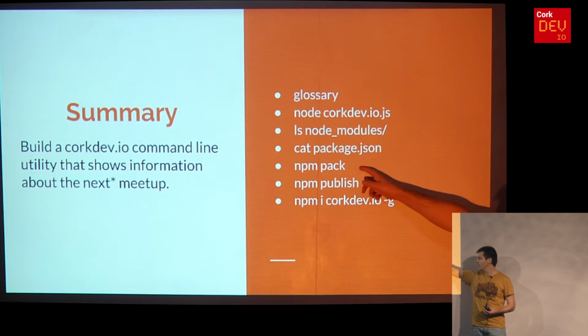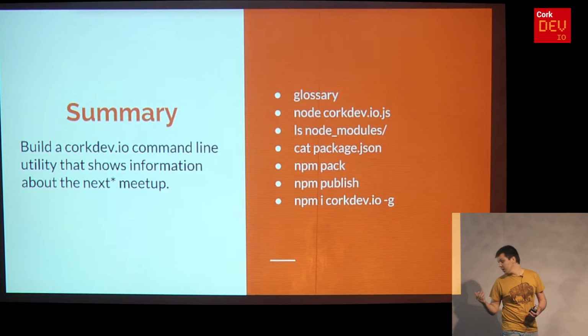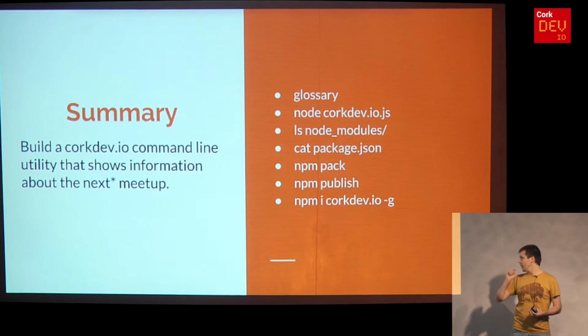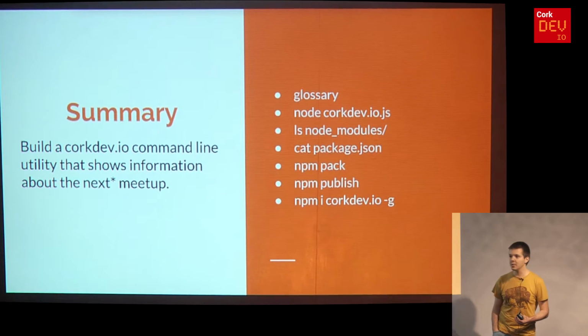I'm gonna do an npm pack and an npm publish, and we are gonna install the command line utility there. I'm not gonna go too deep in details because you guys will ask me questions that I don't know.